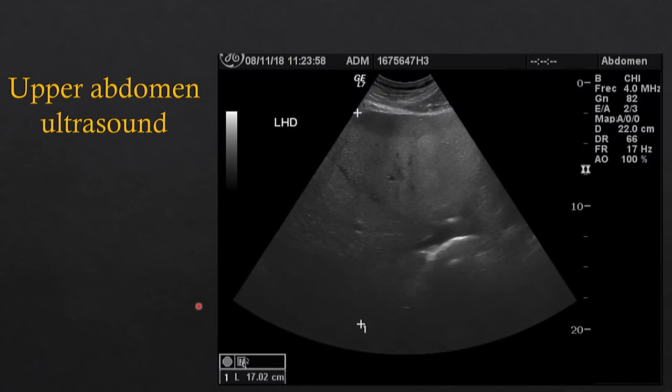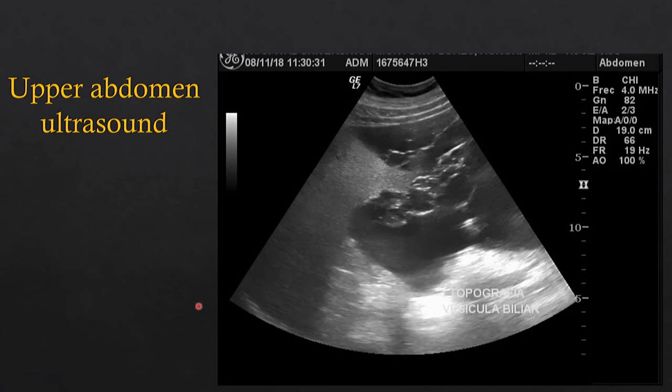So we performed an upper abdomen ultrasound, where we found that the liver was increased in volume and mildly increased in echogenicity, but the margins of the liver were smooth and there was no other sign of hepatopathy. So the liver had no focal lesions, just these findings consistent with mild steatosis.